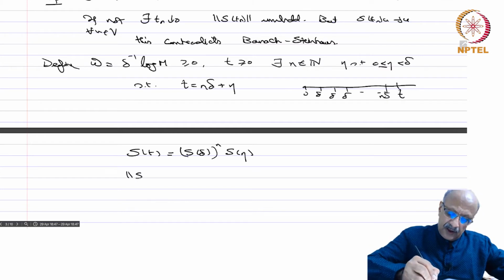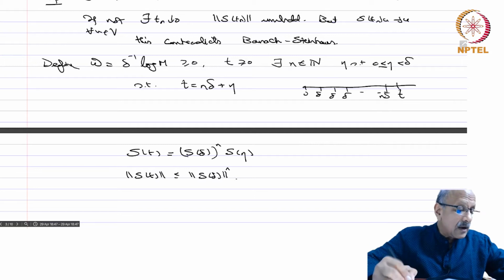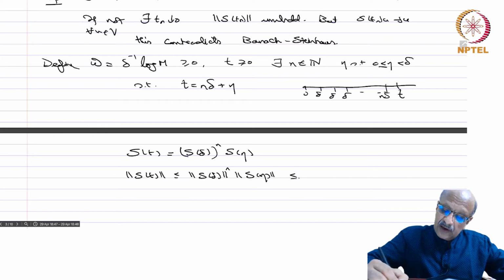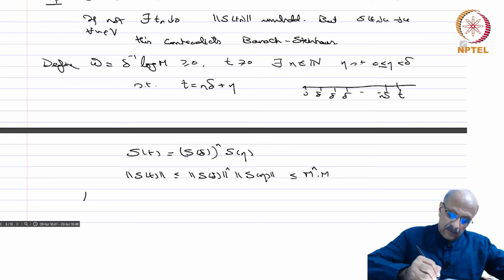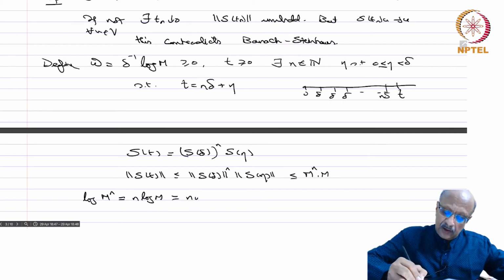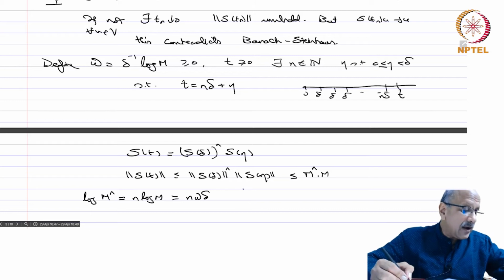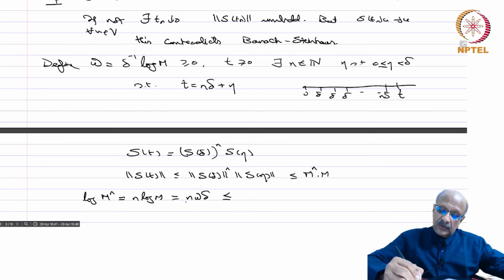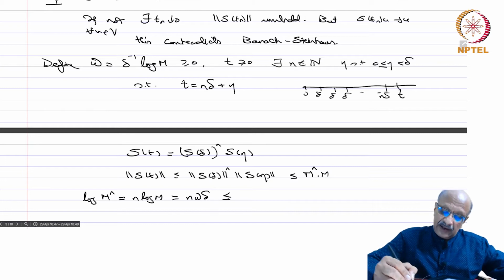So, norm of S t is less than or equal to norm of S delta power n times norm of S eta, which is less than or equal to M power n times M, and now you have log of M power n equals n log M, which is equal to n omega delta, and that is less than or equal to, since n delta is less than t, omega t.